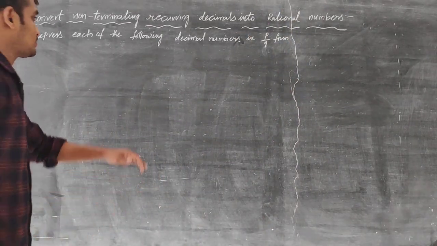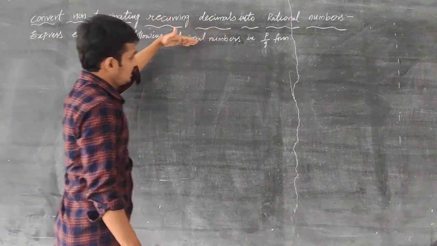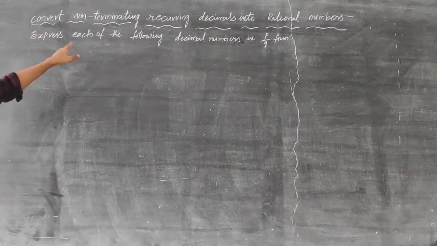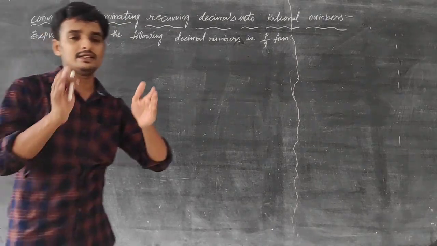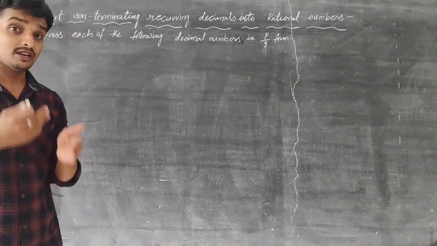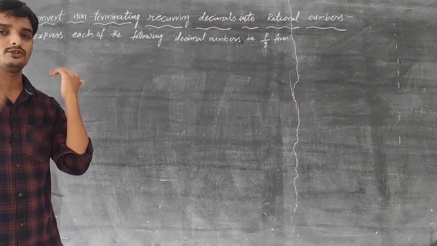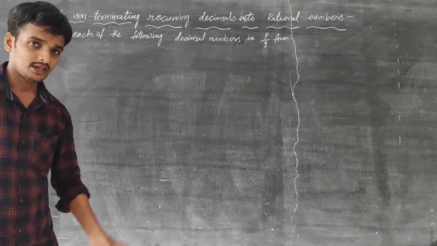Okay, are you with me, students? First we keep this heading, and the question is: express each of the following decimals. They are giving some decimal numbers, and we have to convert these decimal numbers into P by Q form. Are you with me, students?